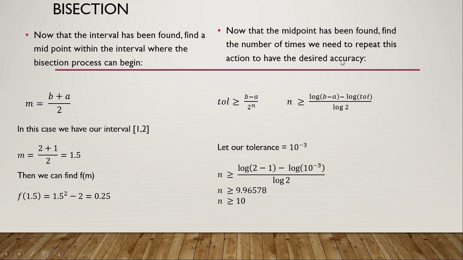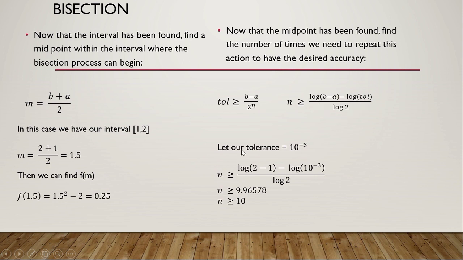Great. So now that the midpoint has been found, let's find the number of times we need to repeat this action to have the desired accuracy. If you have been given the tolerance, but you don't know how many times you need to repeat to reach the tolerance, you can use this formula: n is greater than or equal to log of b minus a, minus log of tolerance, divided by log 2.